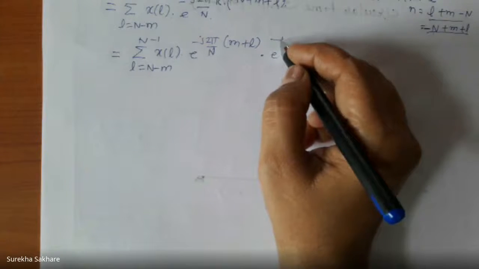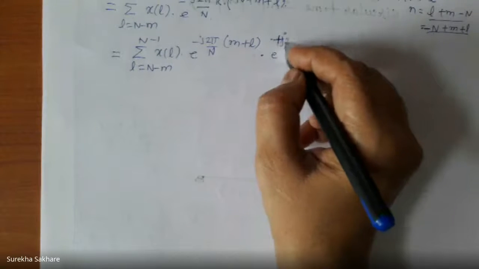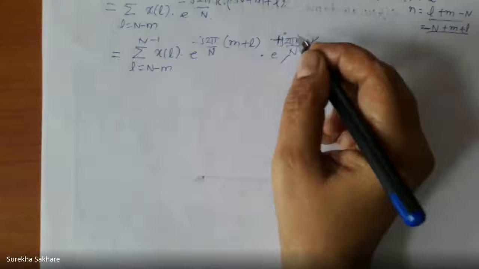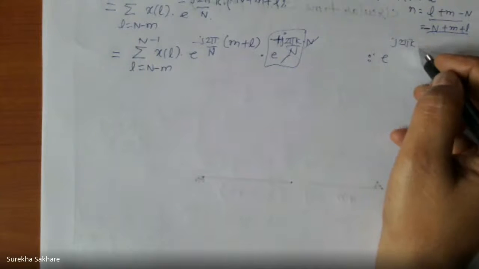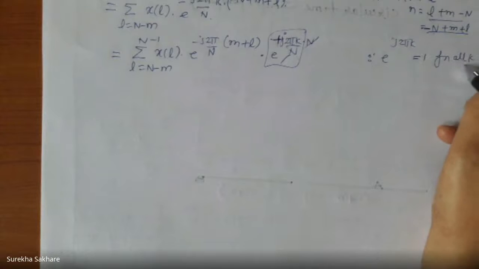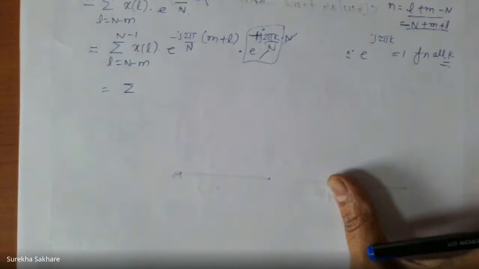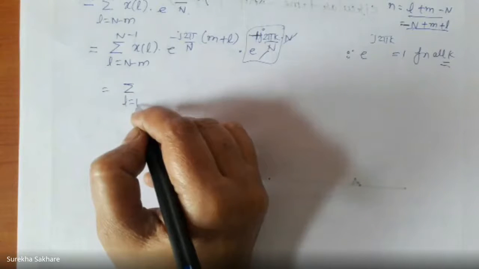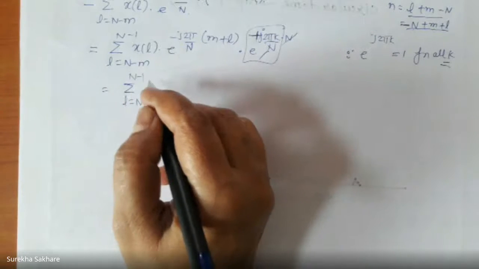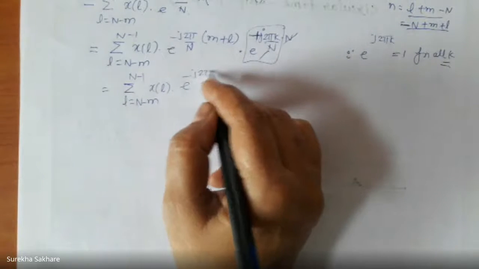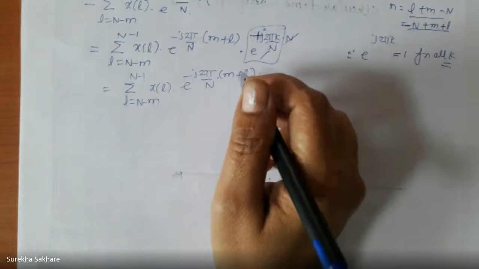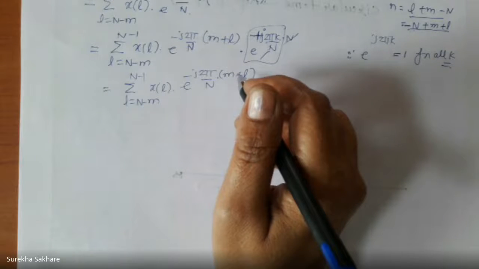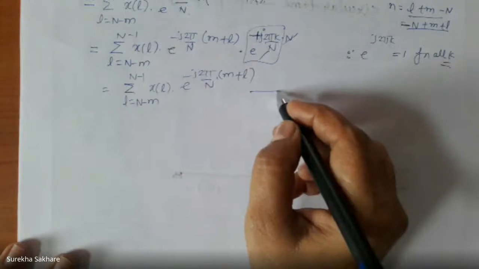I have split it like this, 2 pi k by N into N. Now this value, since e raised to j 2 pi k is equal to 1 for all k, this will be the summation over L equal to N minus m to N minus 1 of x of L e raised to minus j 2 pi k by N into (m plus L). So this becomes equation number 2.